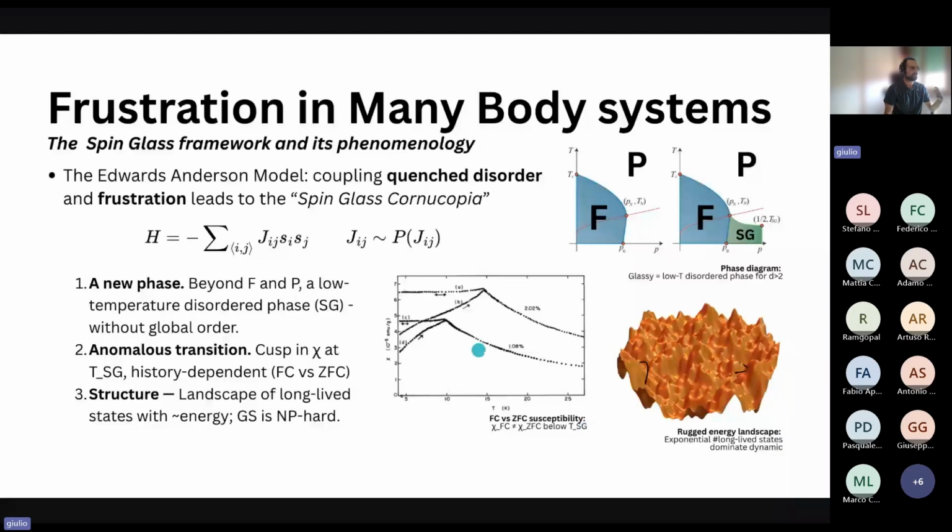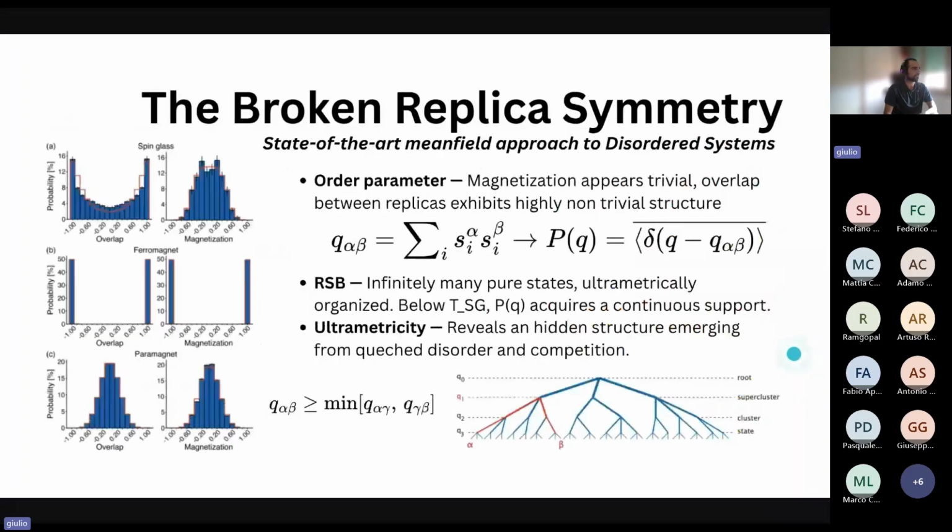It emerges with an anomalous transition, and the energy landscape of your system becomes really rugged and dominated by exponentially long-lived states that don't allow you to find the minimum of your energy landscape in a simple way. That is, you find yourself in an NP problem if you want to find the ground state of the system.